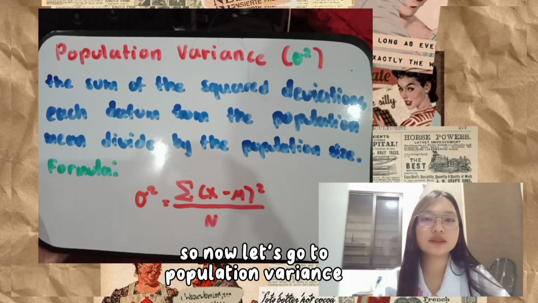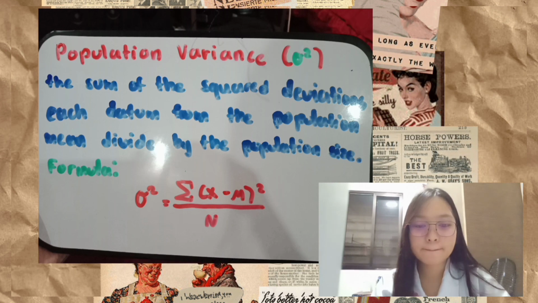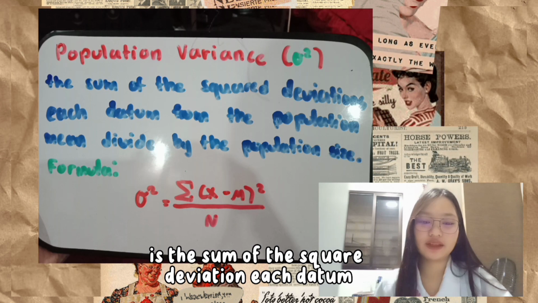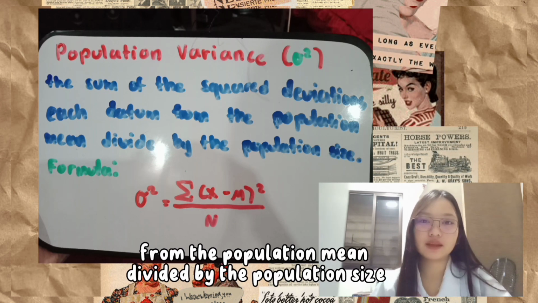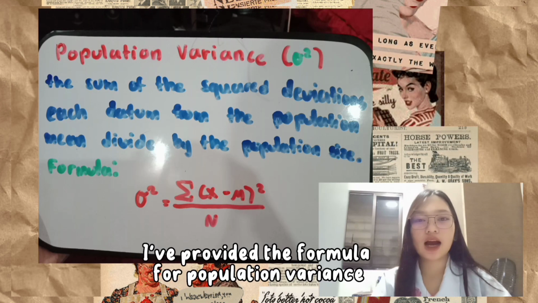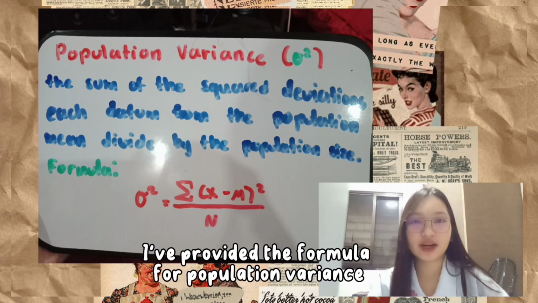So now let's go to population variance. So what is population variance? A population variance is the sum of the squared deviation of each datum from the population mean divided by the population size. As you can see in this picture, I've provided the formula for population variance.